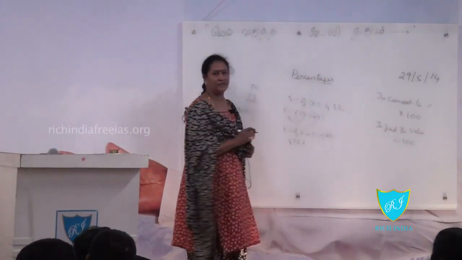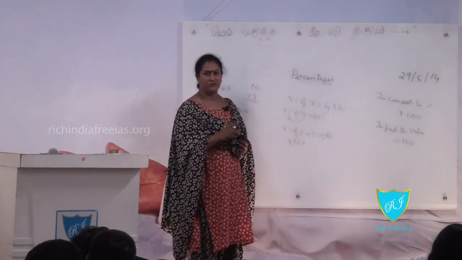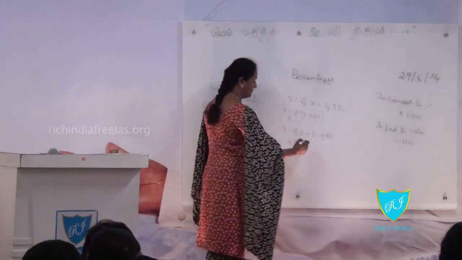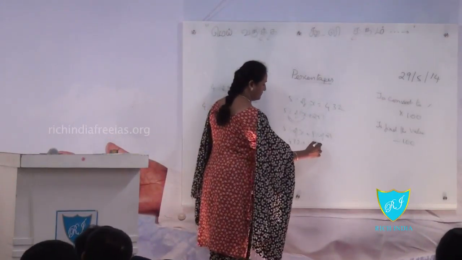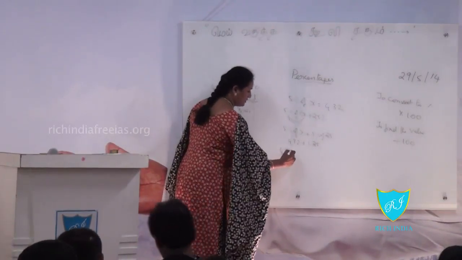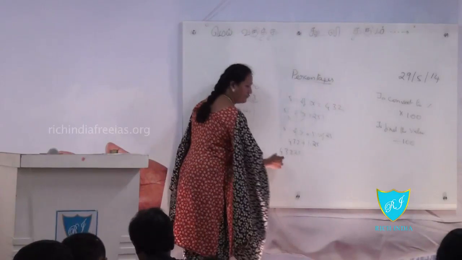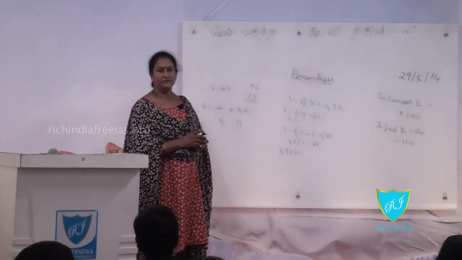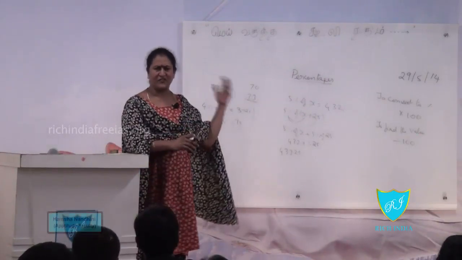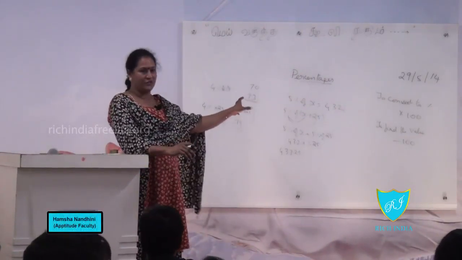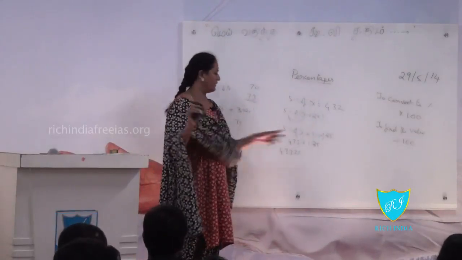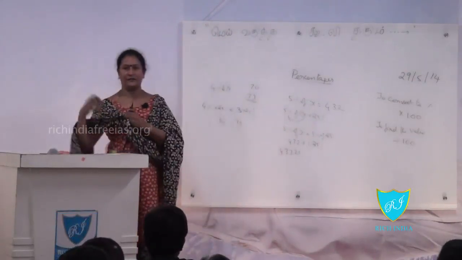And what is 5% of 25? 5 into 25 by 100, which is 1.25. So the answer is 433.25. So in such questions, instead of finding x, just substitute the value of 5% of x, then find 5% of 25 and add.